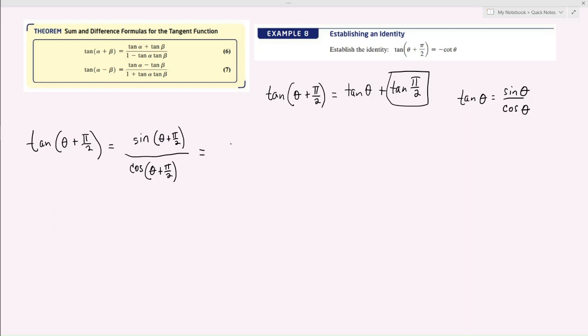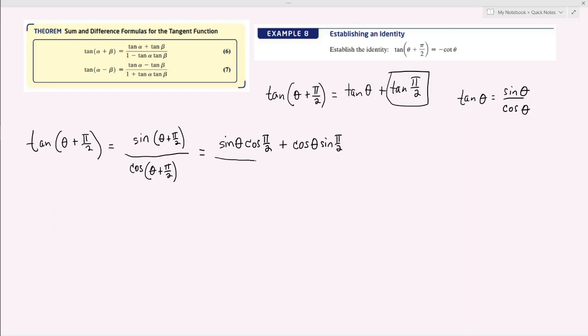Okay, so using the sum formula for sines, we're going to take the sine of theta times the cosine of pi over 2 plus cosine of theta times the sine of pi over 2.